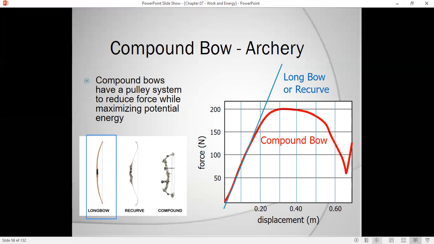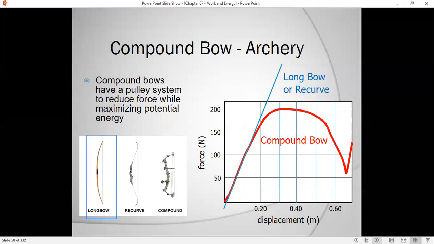They might have used catgut for that, which is the collagen typically extracted from the intestines of livestock. It has nothing to do with cats. But in any case, you'd have a strong string and a strong, flexible bow, and that would create a fairly powerful way to launch or do work on an arrow to project it through the air.